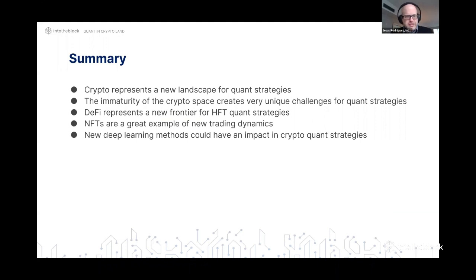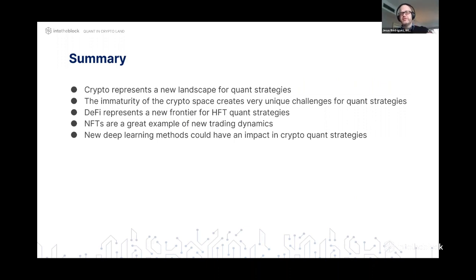To summarize this and go to questions, crypto represents a new landscape for quant strategies. The market is really, really immature, and with that comes a ton of opportunities. When you think about DeFi, think of it as the next frontier for high frequency trading.